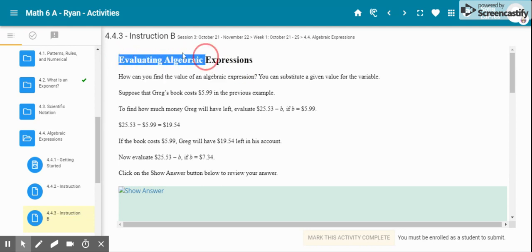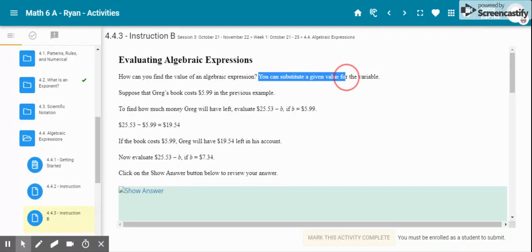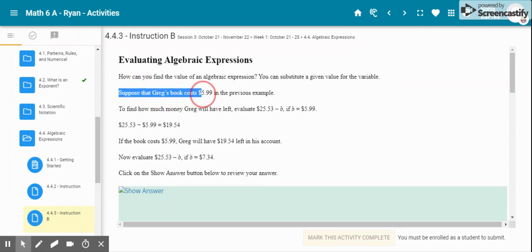Now that we know what algebraic expressions are, we're going to talk about and practice evaluating them. How can you find the value of an algebraic expression? You can substitute a given value for the variable. So suppose from the last example that Greg's book cost $5.99.